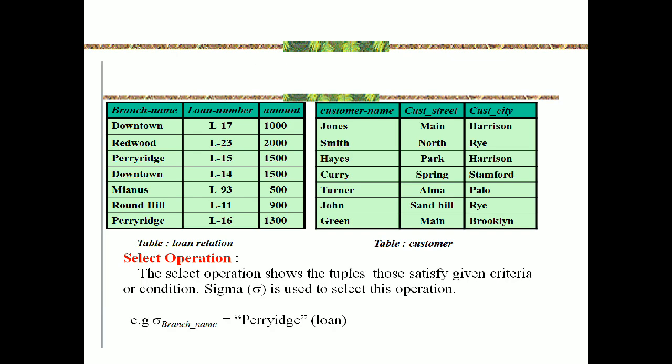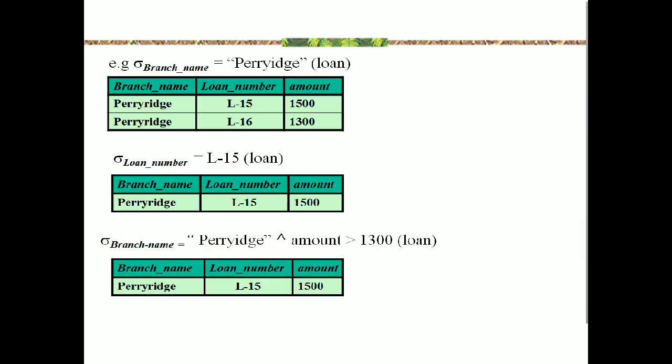There are two rows whose branch name is Perryridge, but the condition is that the amount should be greater than 1300. Of the two Perryridge rows, loan number L15 has the amount greater than 1300, so we get as output Perryridge, L15 and 1500.